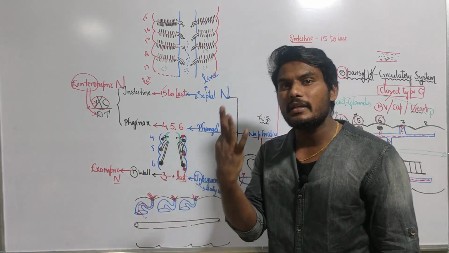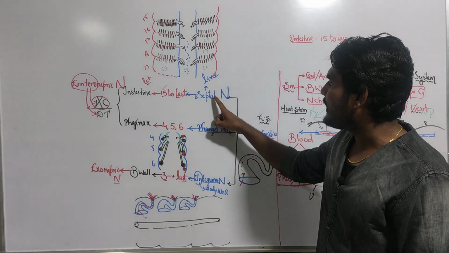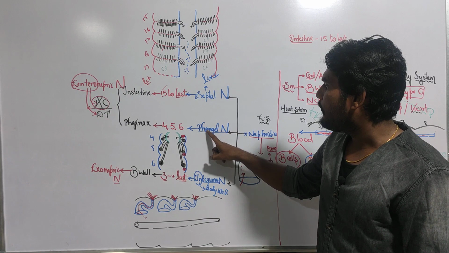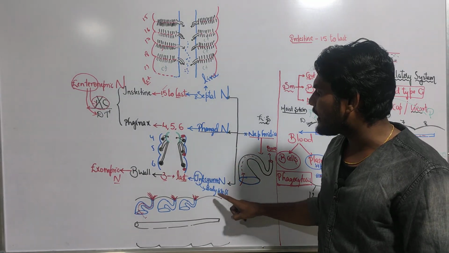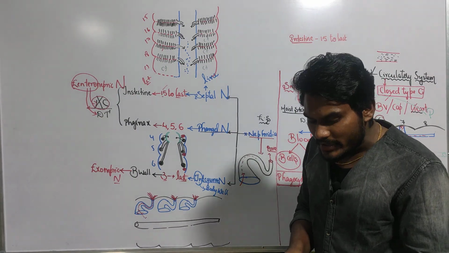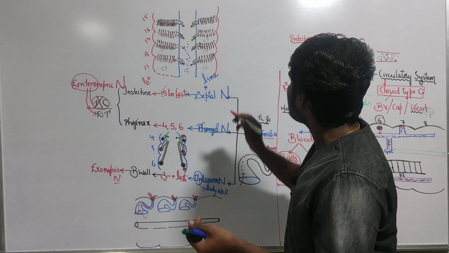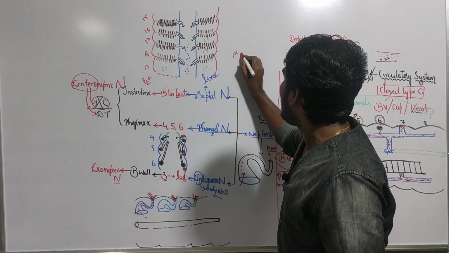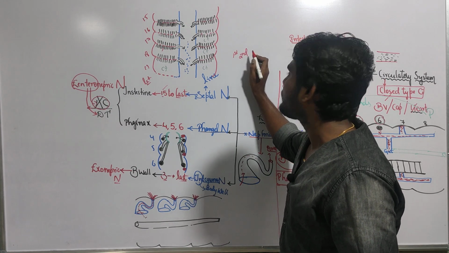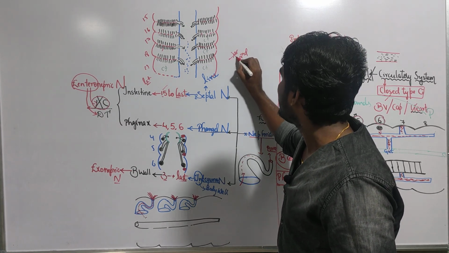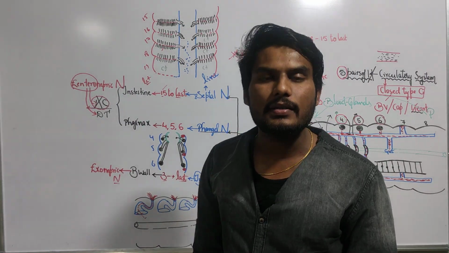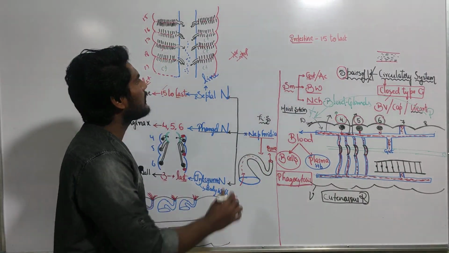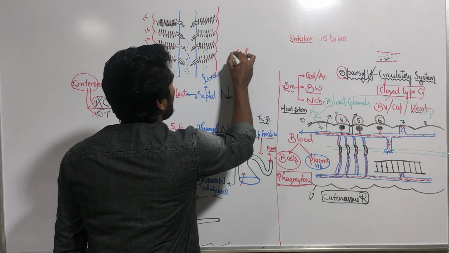Based upon location, three types: septal nephridia from 15 to last, pharyngeal nephridia in the 4th, 5th and 6th segments, and integumentary nephridia from 3rd to last, which tells us that in the first and second segments of the earthworm, nephridia are absent.